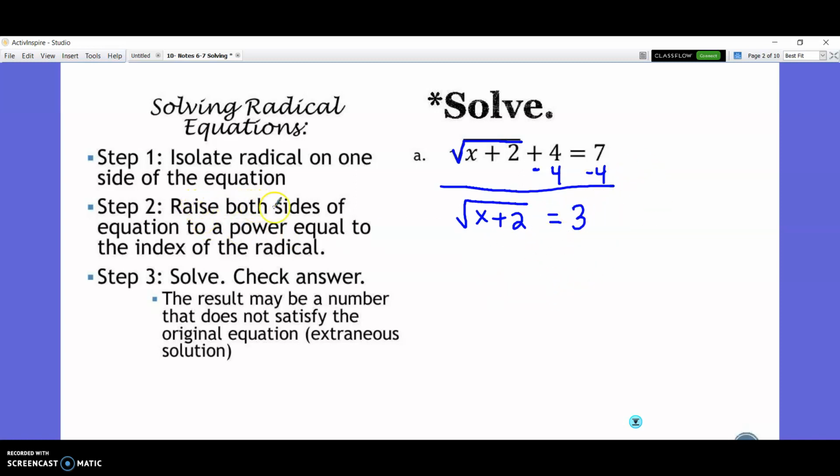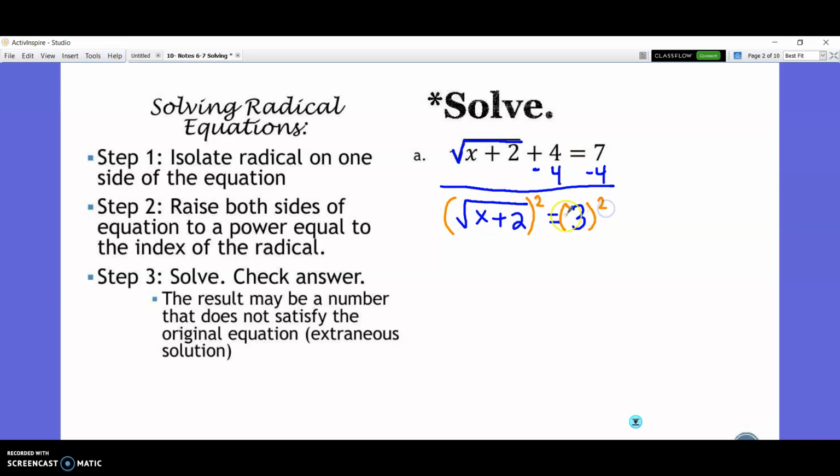Now I'm going to raise both sides of the equation to a power equal to the index of the radical. So now that my radical is by itself, it's just the square root and what's underneath it, I'm going to raise it to the power of whatever the index is. With the square root, of course, it is an index of 2. So I'm going to square both sides.